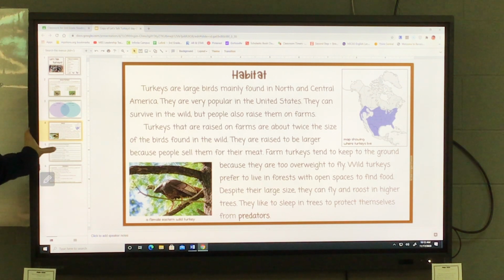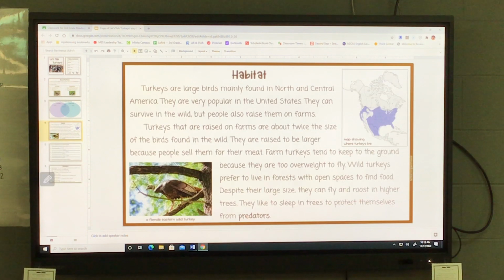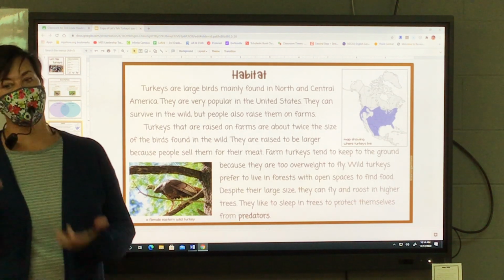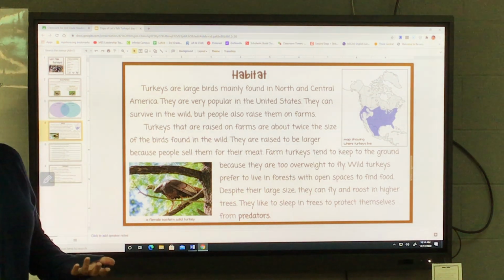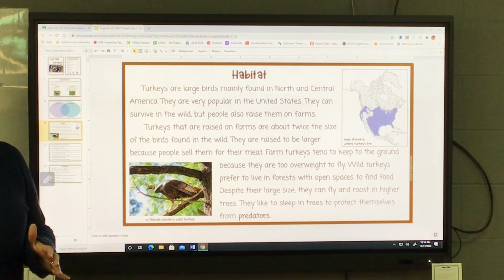All right. Question 4. Why do turkeys normally sleep in trees? To protect. They sleep in trees to do what? What did it say? It was toward the very end of what we had read.